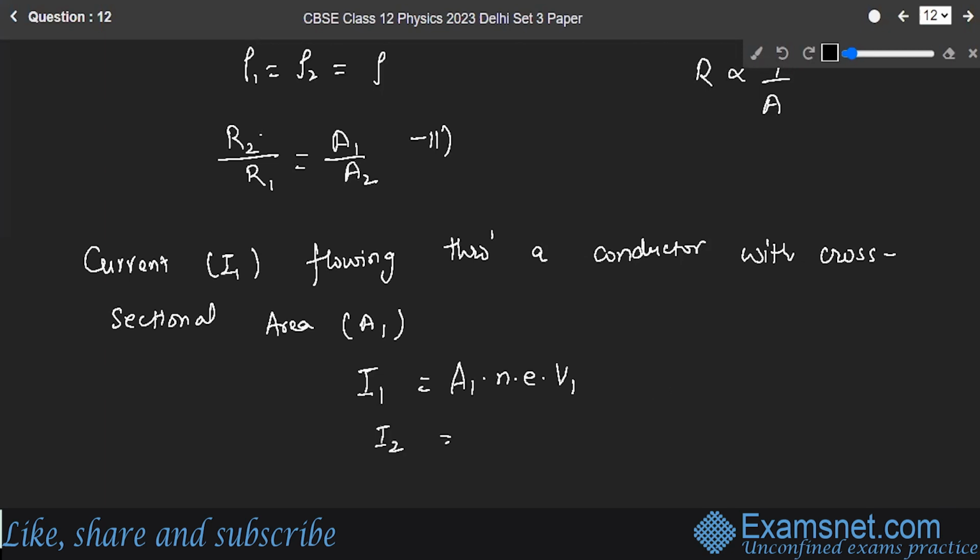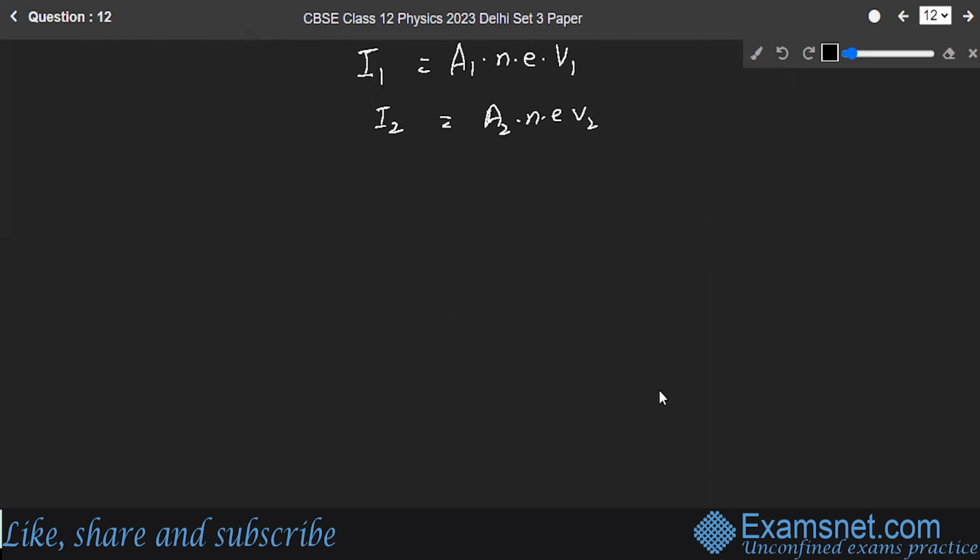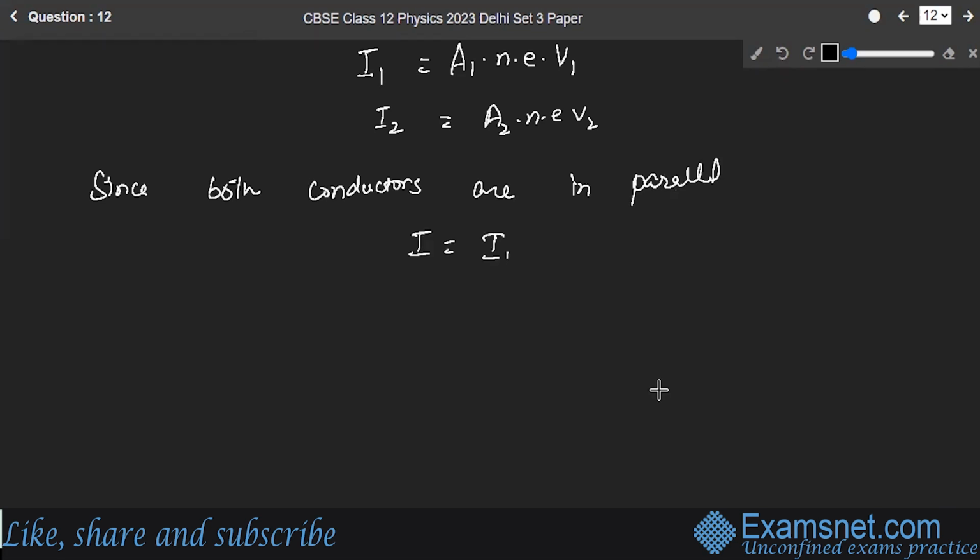Similarly, I2 will be equal to this. Since both conductors are connected in parallel, the total current will be equal to I1 plus I2.